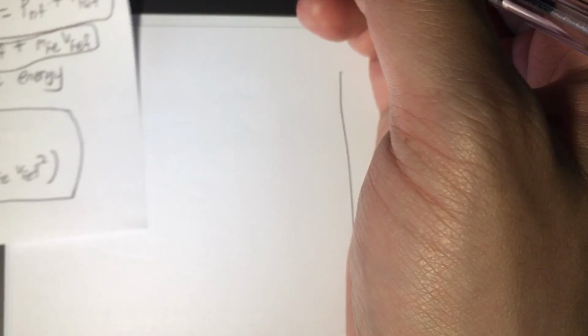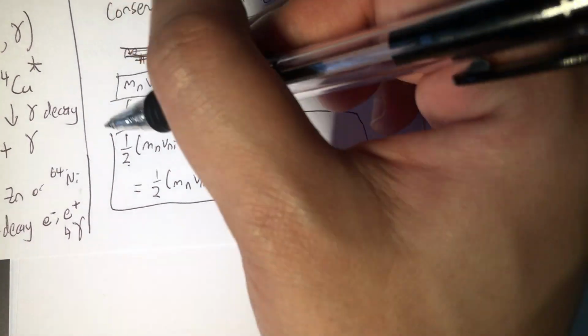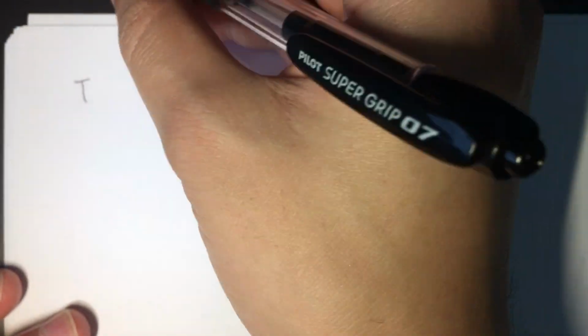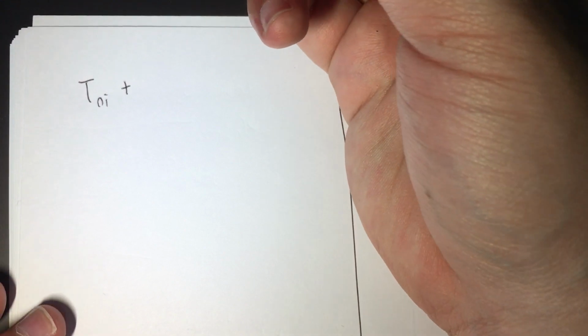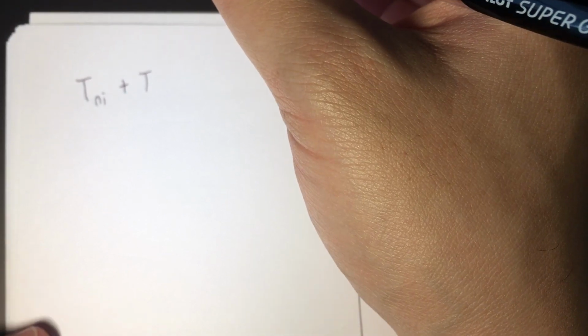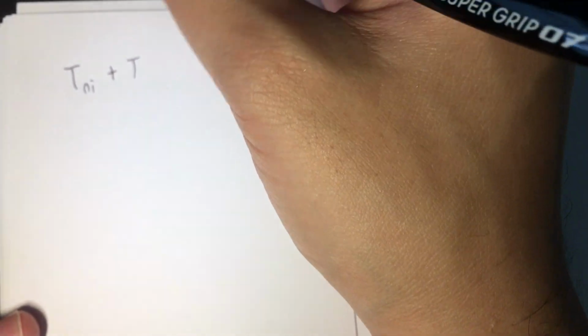So the simpler way of writing kinetic energy is representing it by the letter T. That is often used to represent the kinetic energy of an atom or a nucleus or any kind of body at a subatomic level.